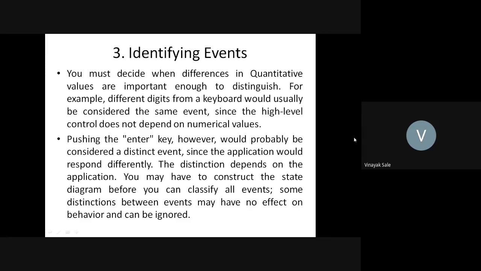Pushing the enter key, however, would probably be considered a different event since the application would respond differently. The distinction depends on the application. You may have to construct a state diagram before you classify all events. Some distinctions between events may have no effect on the behavior and can be ignored.